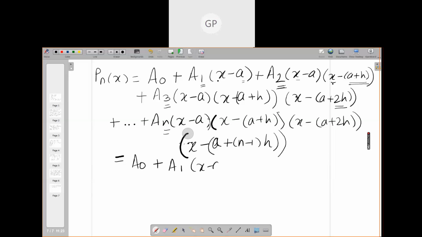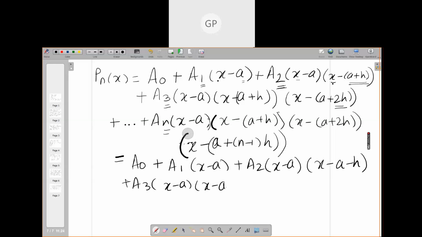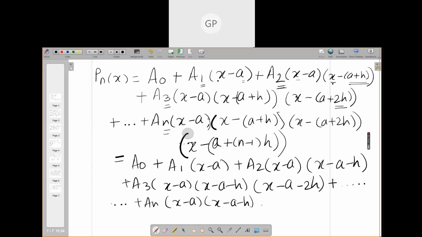A0 plus A1 into x minus a, plus A2 into bracket x minus a into x minus a minus h. Okay, I am opening the bracket, plus A3 into x minus a, x minus a minus h, x minus a minus 2h, plus so on up to an into bracket x minus a minus h and so on. ये प्रोडक्ट कहाँ तक जाएगा? x minus a minus n minus 1 times h.